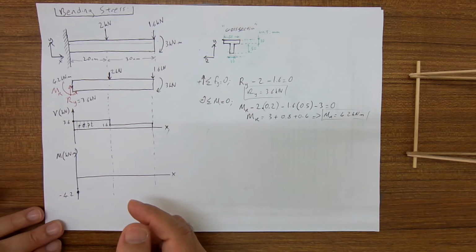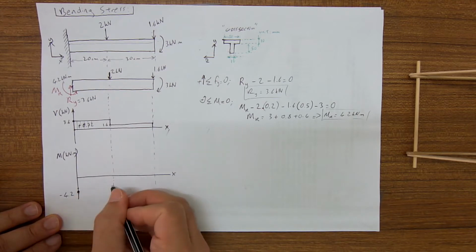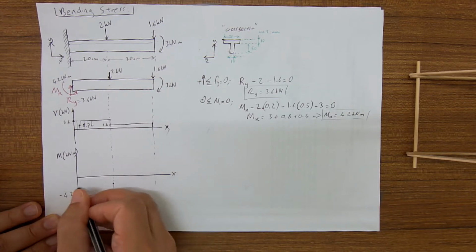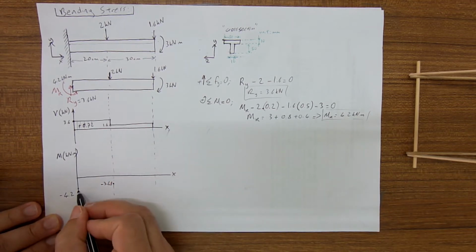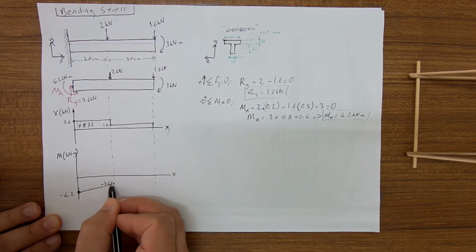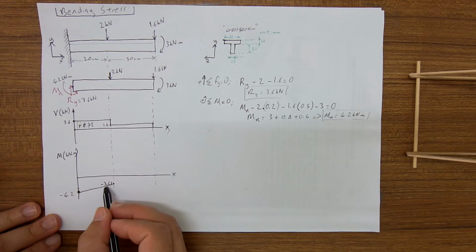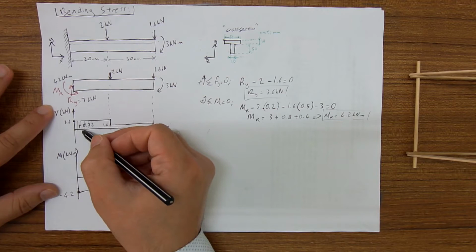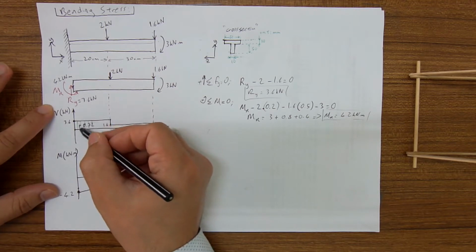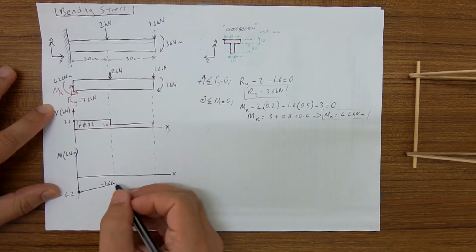We get minus 3.48. So the moment at this point will be minus 3.48. It is a linear increase from minus 4.2 to minus 3.48, because at each unit distance, the size of the sections are the same. Therefore, it is a linear increase.